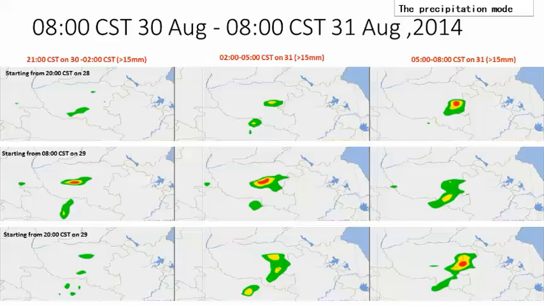The third line is the model forecast of the 3-hour precipitation at the initial time of 20 o'clock CST on the 29th. Through the numerical forecasts of different initial times, we can see that the precipitation mode is a cluster and it is located stably in there, which will get your intense attention.